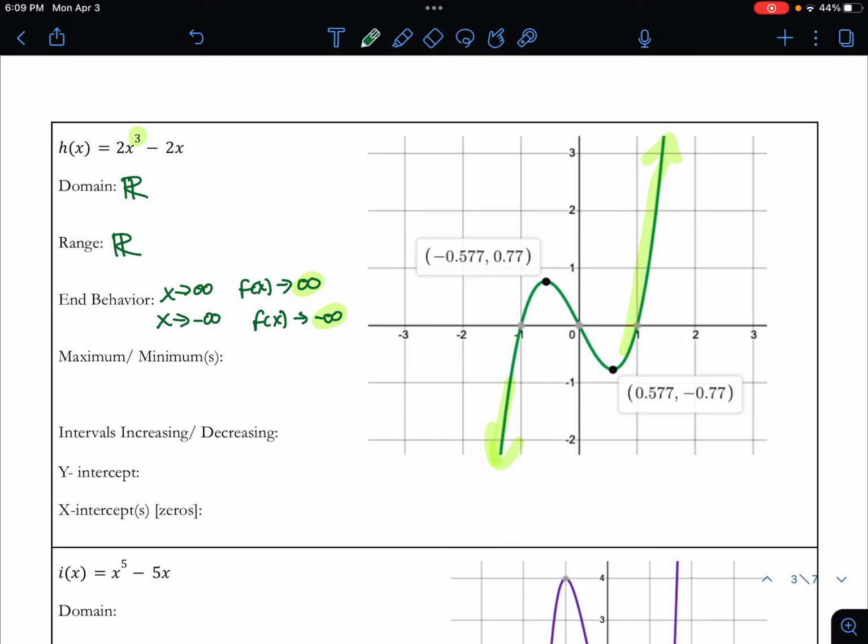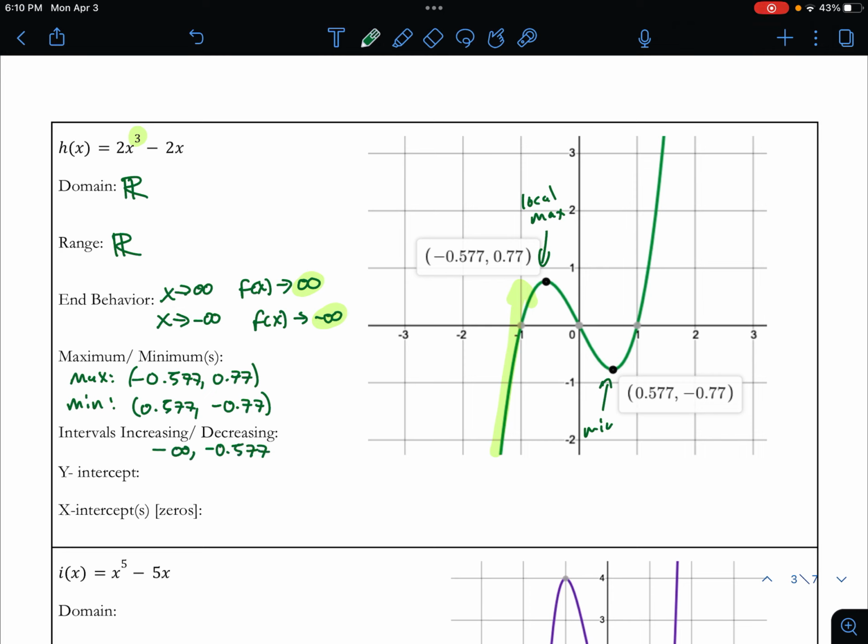Maximum and minimums here. We can see we have a max, it's a relative or a local max at negative 0.577, comma 0.77. We have a relative or local min at 0.577, negative 0.77. Okay, if we look for intervals increasing and decreasing, from left to right as we read it, our function increases, and we're describing the x intervals, so from x coordinates of negative infinity to negative 0.577.